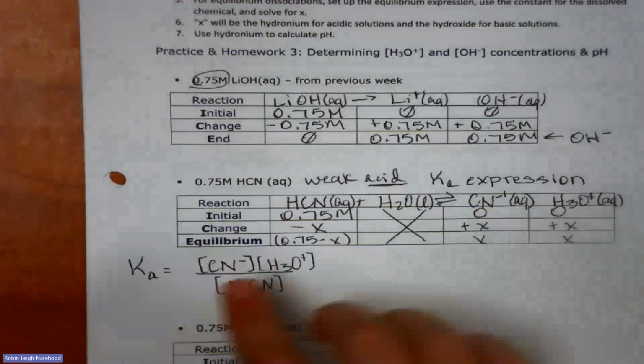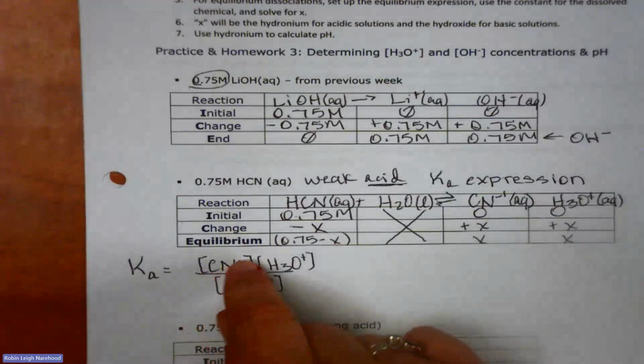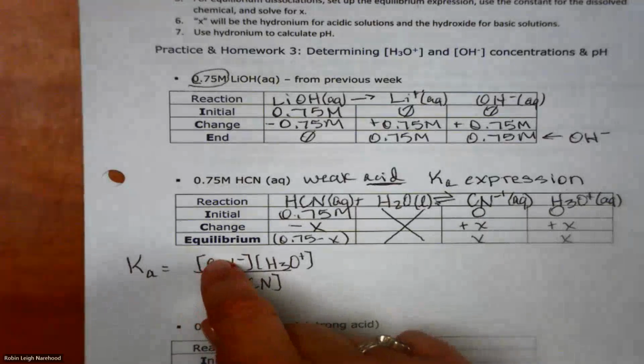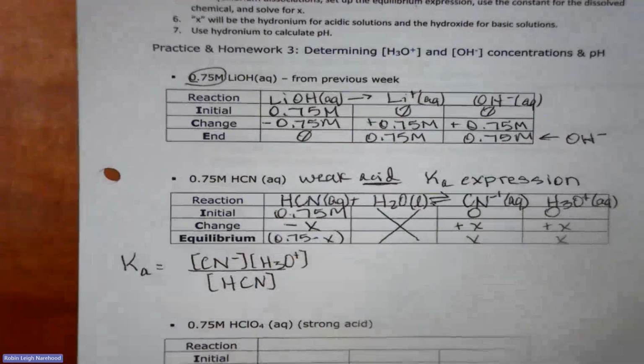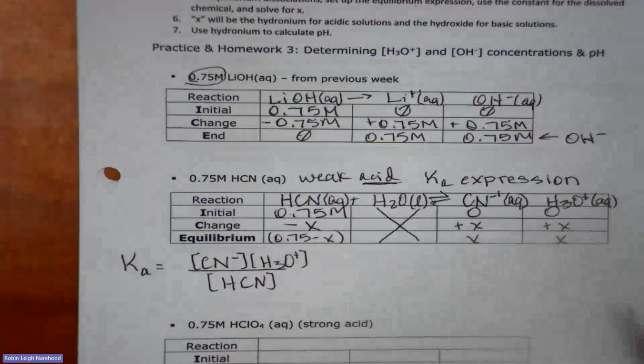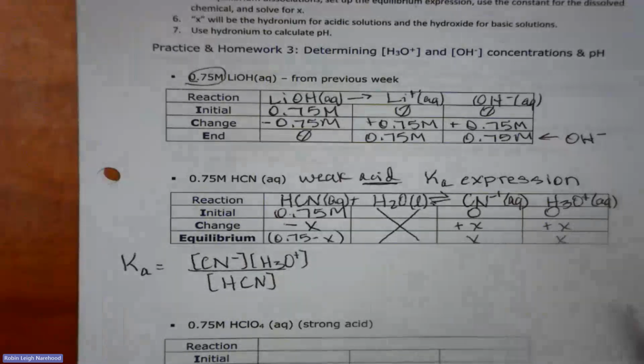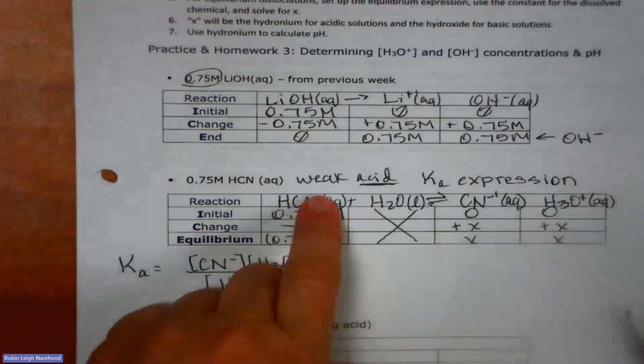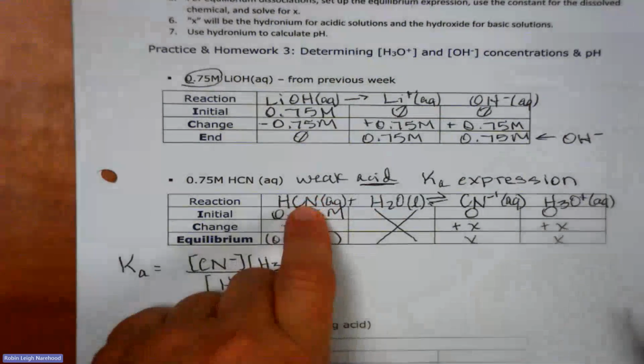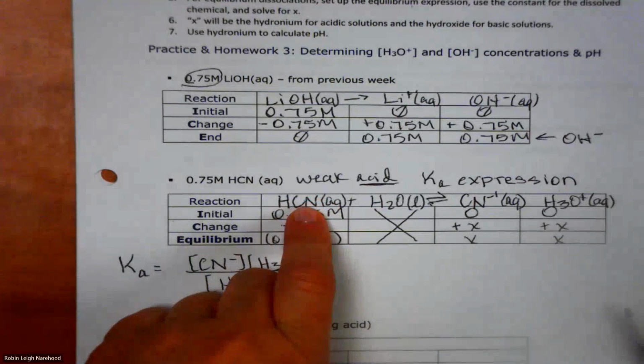A Ka expression is always going to have your conjugate base times hydronium, because if it is the acid behavior, the acid molecule or acid ion will turn into its conjugate base and hydronium in water, and it will be divided by the original thing that was losing the hydrogen.